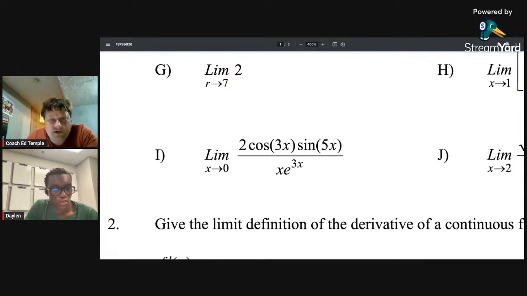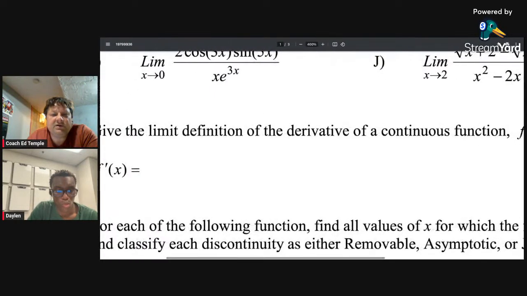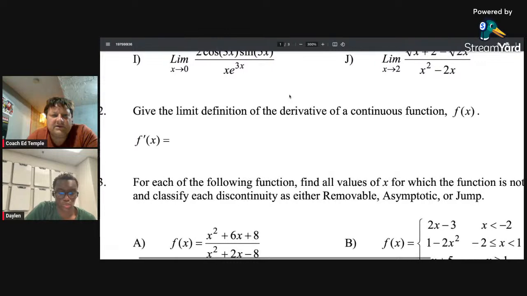I saw one, number 2. It was talking about use a limit definition of a derivative of a continuous function. It says, what does it say again? It says give the limit definition of a continuous function.